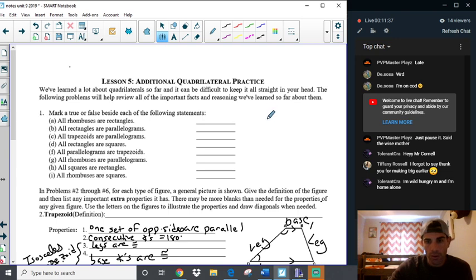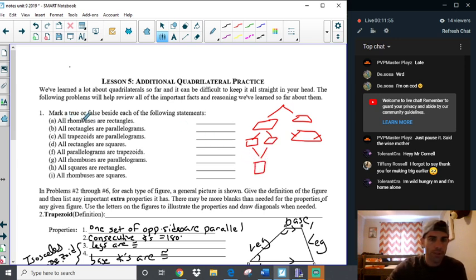So if I'm going to draw that quick just by shape, you have your trapezoid, then you have your isosceles trapezoid, then you have your parallelogram, then your rectangle, your rhombus, and then here's your square. So the first one, all rhombuses are rectangles. Here's the rhombus, here's the rectangle.